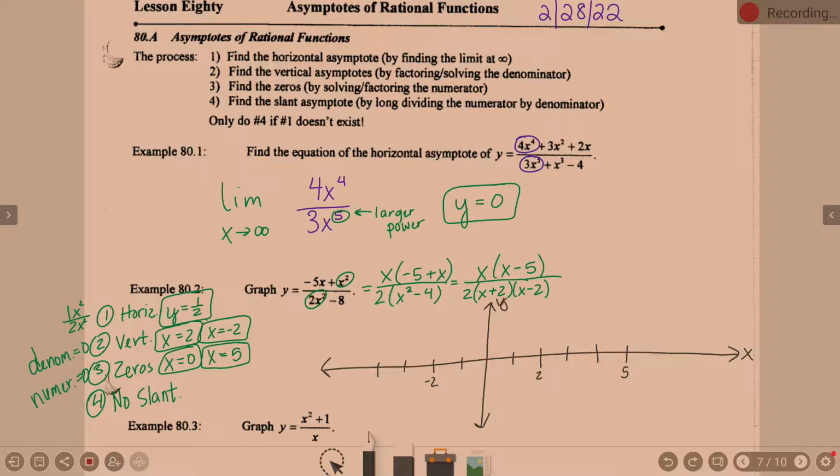I also technically need to label up 1, don't I? What's the first thing we have to put in there? We had a horizontal asymptote at y equals 1/2. Y equals 0 is the x-axis. So y equals 1/2 is going to be parallel to the x-axis, halfway between 0 and 1, if you will.